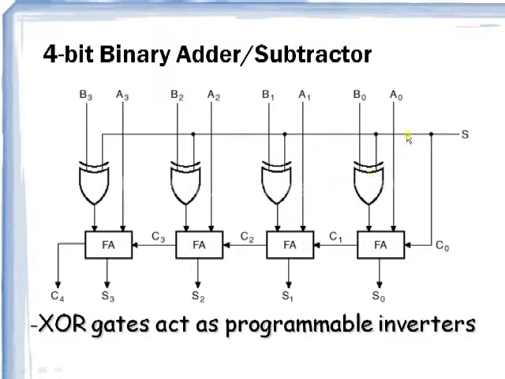One of the inputs to the full adder is one of the operands, and the other input is coming from the output of the XOR gate, and the XOR gate is receiving inputs from the second operand along with one control input. We call this S the control input. This is the circuit which performs addition as well as subtraction. Let us see how it performs addition as well as subtraction.